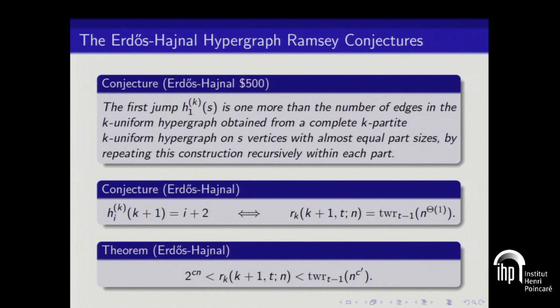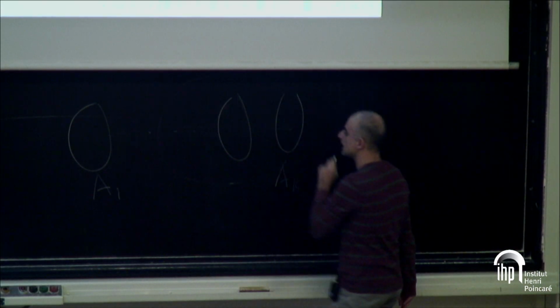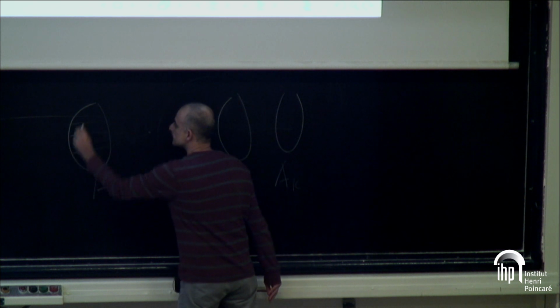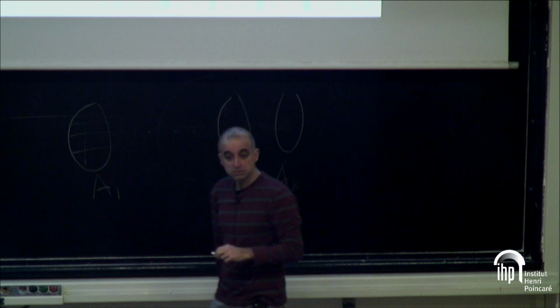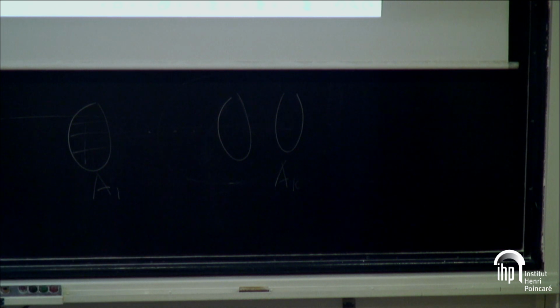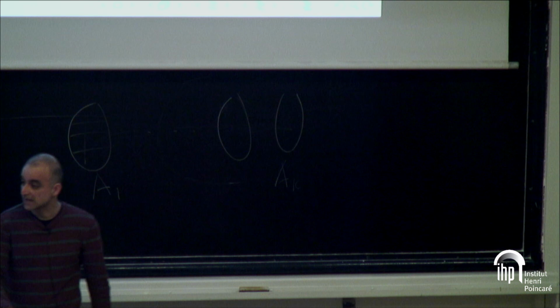You take your s points and you divide them as equally as possible into k sets, and you put all these k element sets that go across, and then you recurse this construction inside each blob. You get a number, and that number is supposed to be the number where if you require that many k sets on s points red, then you're going to be exponential. The one direction is easy. That's how they come up with this number.